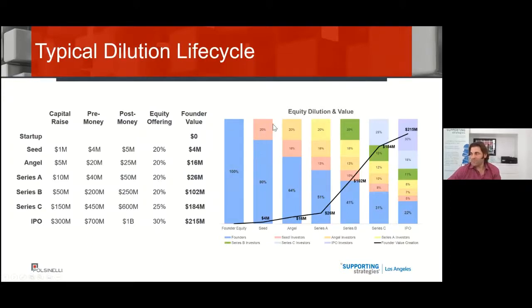So these investors here who own 20% after the seed round, they lose 20% of that 20%. So they go down to 16%. And the founders who had 80% of the company lose 20% of that. So they go down to 64% ownership in order to give that 20% to the new investors. That's how the dilution works.